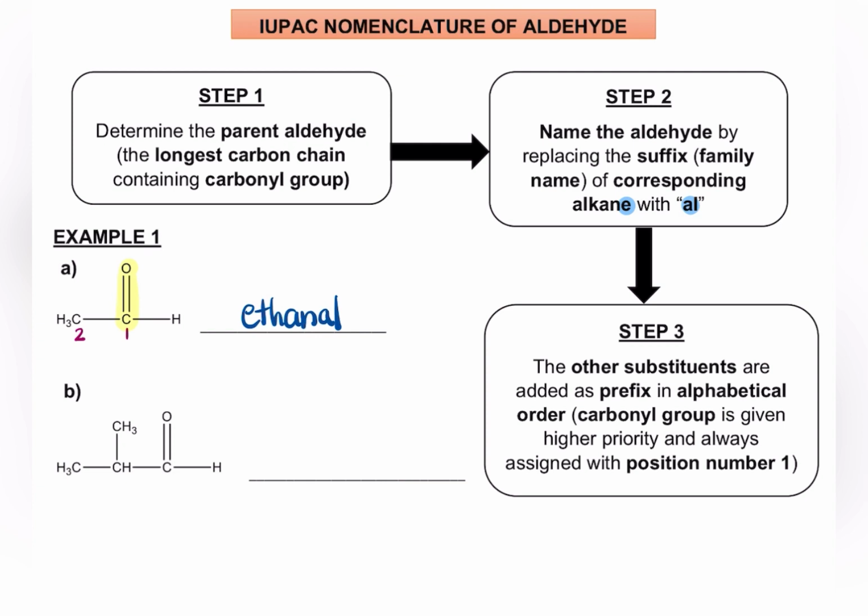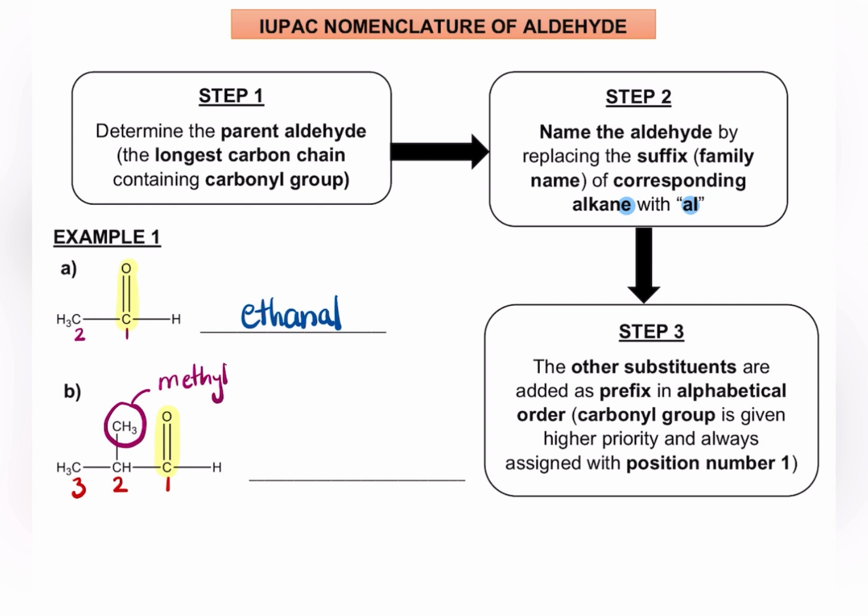Next, we go to example 1b. I have this structure where my first carbon is going to be the carbon that holds the carbon double bond O. So this is the first carbon, followed by, to the left, the second and the third one. And as you see here, you have one substituent, CH3. This is what we call methyl. The concept is still the same.